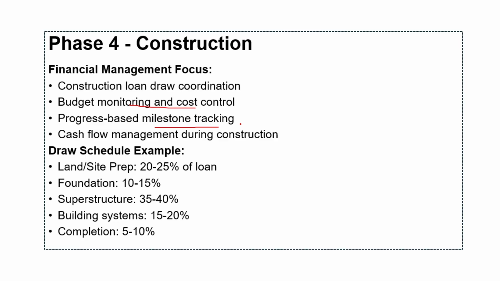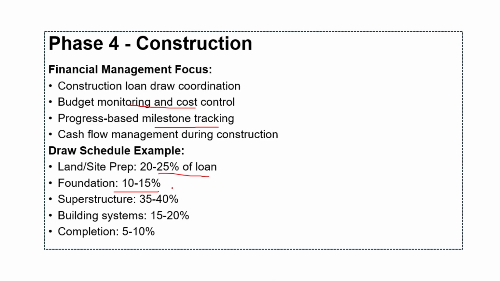And we have a draw schedule example that shows typical progression of construction financing release. Land and site preparation typically receive 20 to 25% of loan, covering initial site work and foundation preparation. We have foundation work, which represents 10 to 15%, covering excavation, footing and structural foundation elements.